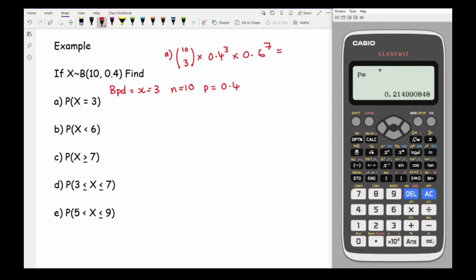Press equals, and it gives me my answer of 0.214990848. And again, if I use the formula, I should get the exact same answer.